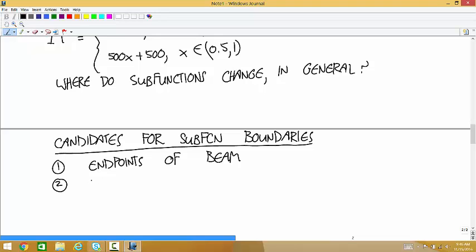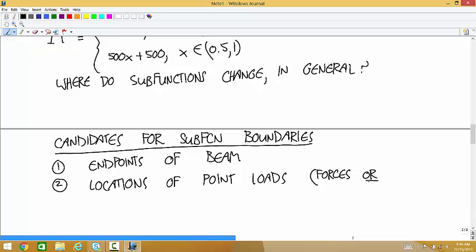Second is the locations of any point loads. That can be forces or couples. And third, any place where the distributed load function changes.